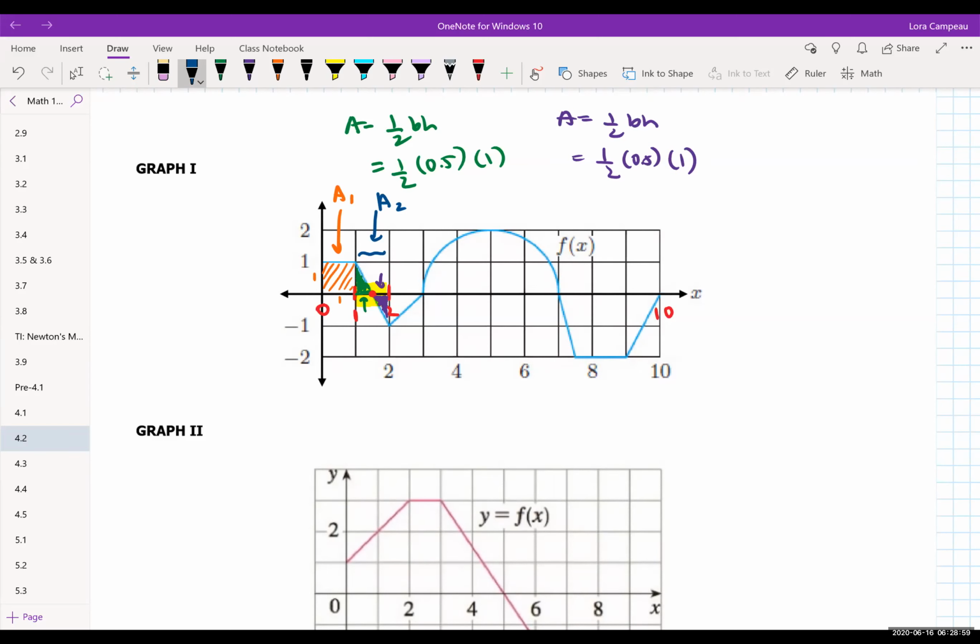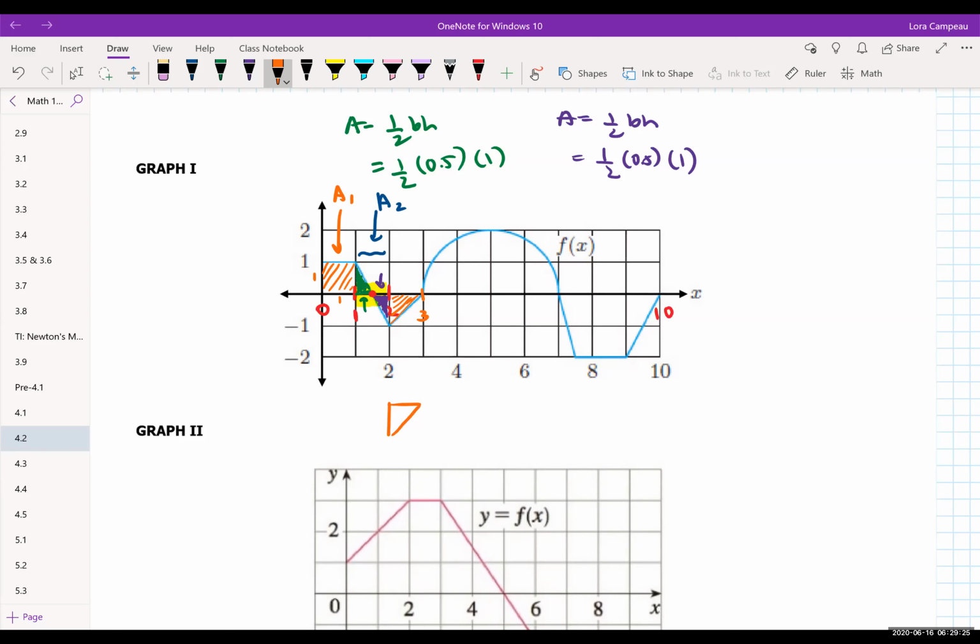Now I'm just moving over and I'm going to say, okay, well, it looks like the next clear shape, to me, it seems like I can go from 2 to 3, and I do have a triangle that's below the x-axis. So if I want to look at that triangle just a little bit, I can pull it off to the side so we can see it.